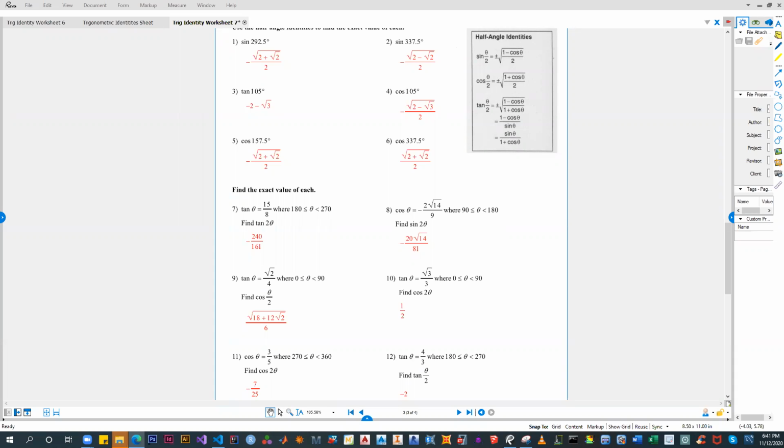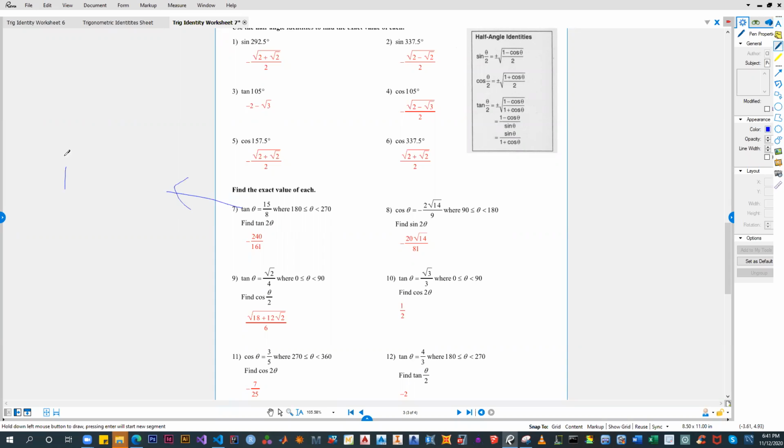That's good. Anyways, okay, so 15 over 17, we'll just go with that. And then theta equals 15 over 17.